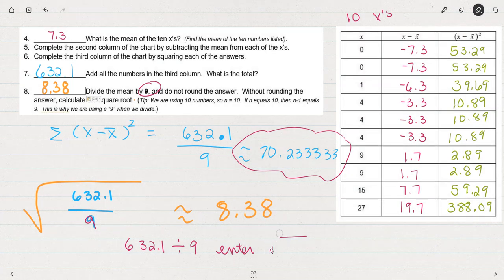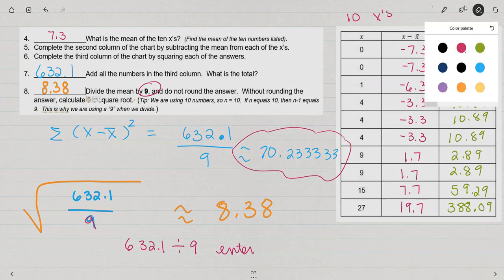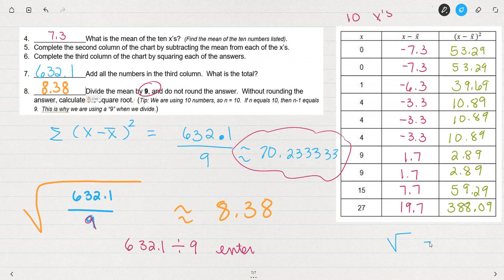So if that's the case, instead of using the square root button, we could use the fact that a square root is the same thing as taking that number and raising it to 1/2 or raising it to 0.5. So I'm going to put the caret and 0.5, meaning raise this answer to the 1/2 power, which is the same as square rooting.